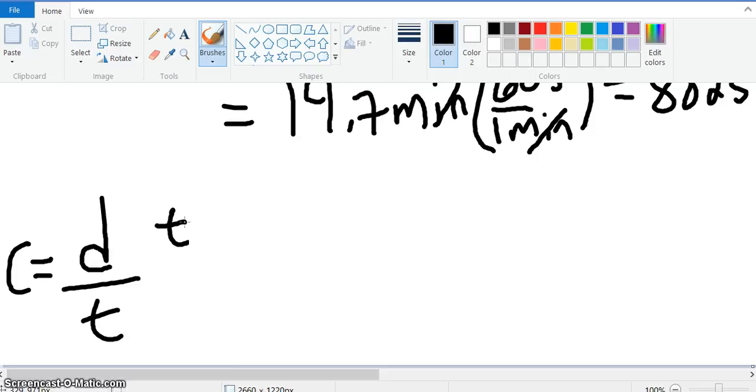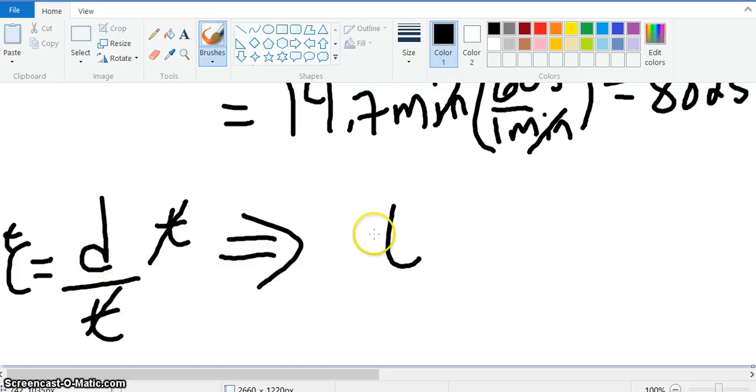So this is going to be T times C is equal to D, because I multiplied both sides by T and the T in the denominator canceled.